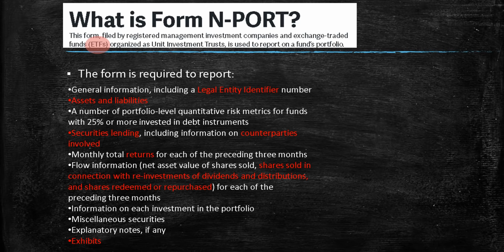So, of course, some general information that we get from these: the form is required to report LEI numbers, assets and liabilities, securities lending, that's a big one, and the counterparties involved, monthly total returns for each of the preceding 3 months, flow information for each of the preceding 3 months, information on each investment in the portfolio, miscellaneous securities, and explanatory notes, if any, as well as exhibits.